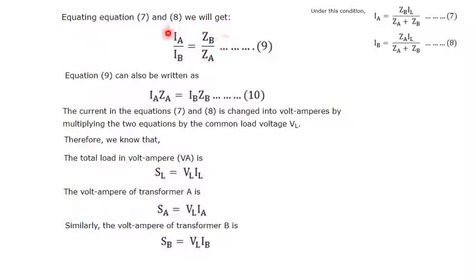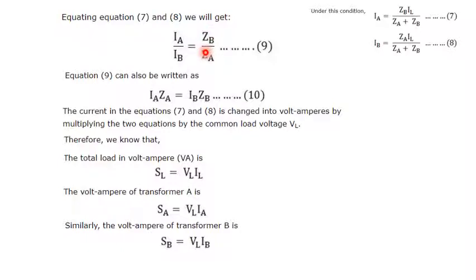Now from this equation you can observe that the load shared by transformer A is proportional to the reciprocal of its impedance ZA. That means IA is proportional to 1 divided by ZA. Similarly, IB is proportional to 1 divided by ZB.